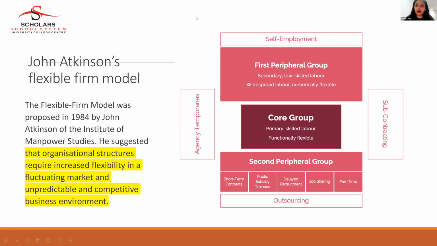If there is more flexibility in these organizations, then the organizations will be able to adapt to the changing needs of the environment. Previously in human resource management as well, we have seen that human resource practices, how an organization works or functions, need to adapt to the changing external environment, which includes the political, economic, social, technological, and other external factors.